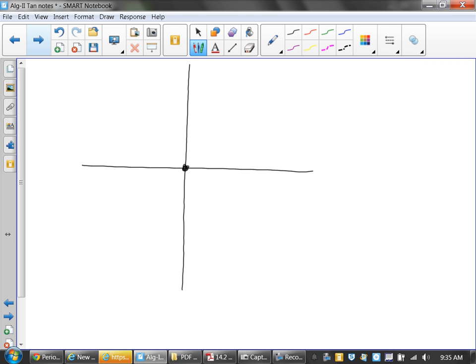The next value that I know that tangent occurs at, that's easy to graph, is at pi over 4. Do you agree? At pi over 4, what's tangent equal to? 1. At negative pi over 4, what's tangent equal to? Negative 1. Now, what occurs at pi over 2? We get the asymptote.